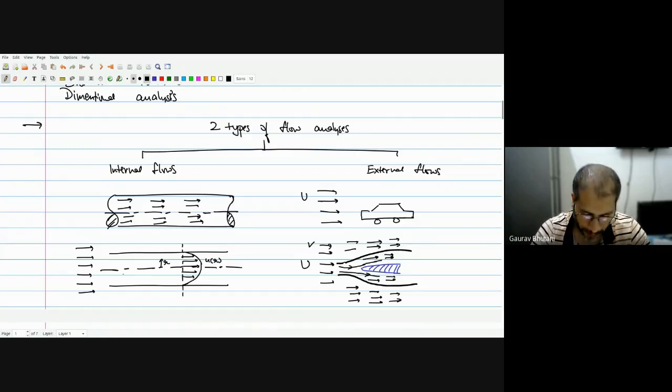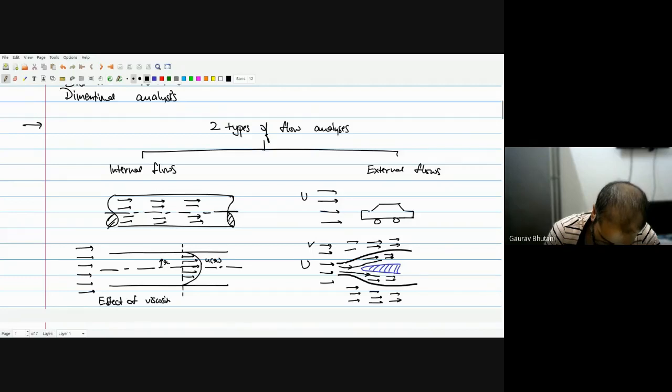Okay, so these internal flows are affected by the walls, and hence the effect of viscosity is prominent throughout the cross section of the duct.